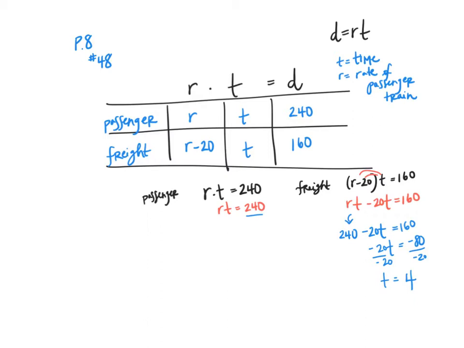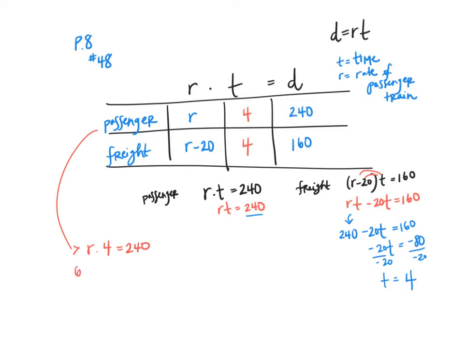So we can now go into our chart, and since we know the time is 4, you can now just plug that in. Well, think about this. You can probably do this in your head: R times 4 equals 240.